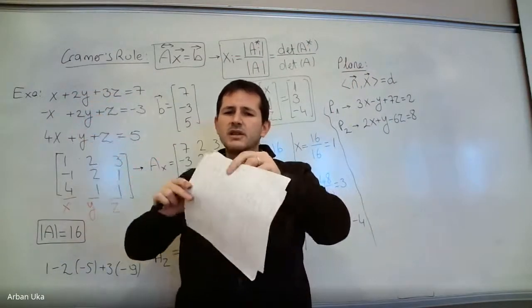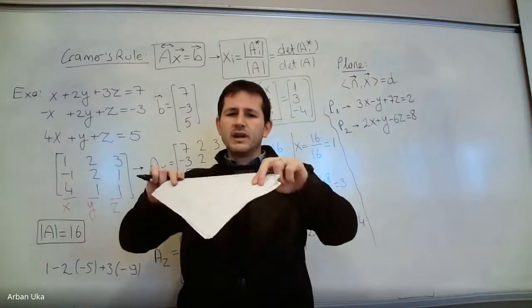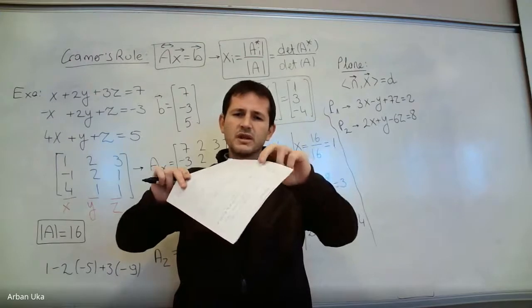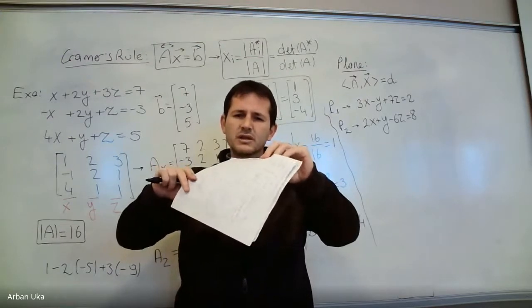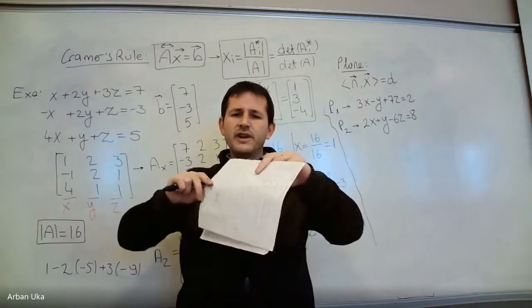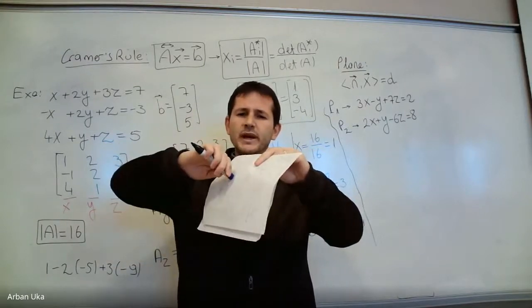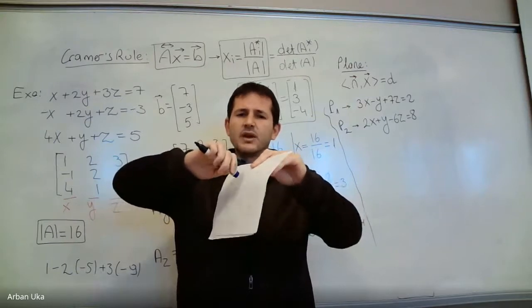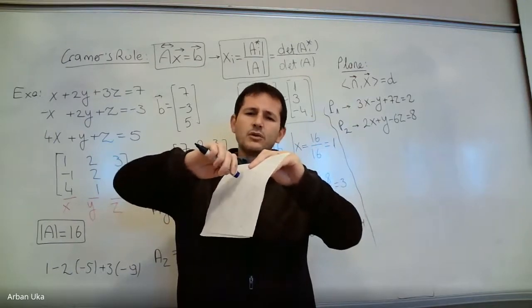Only if they merge like this, at every point of theirs. This is the only way two planes can be the same one. But in order to do this, the normal should be the same. So a vector which is perpendicular to plane 1 should be in the same direction as the perpendicular vector to plane 2.